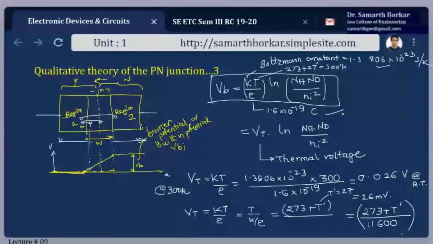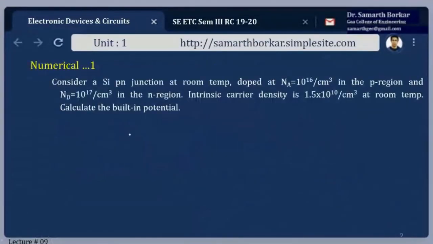In fact, I had planned for 3 numericals, but we'll just take one numerical for this class. Consider a silicon PN junction at room temperature.